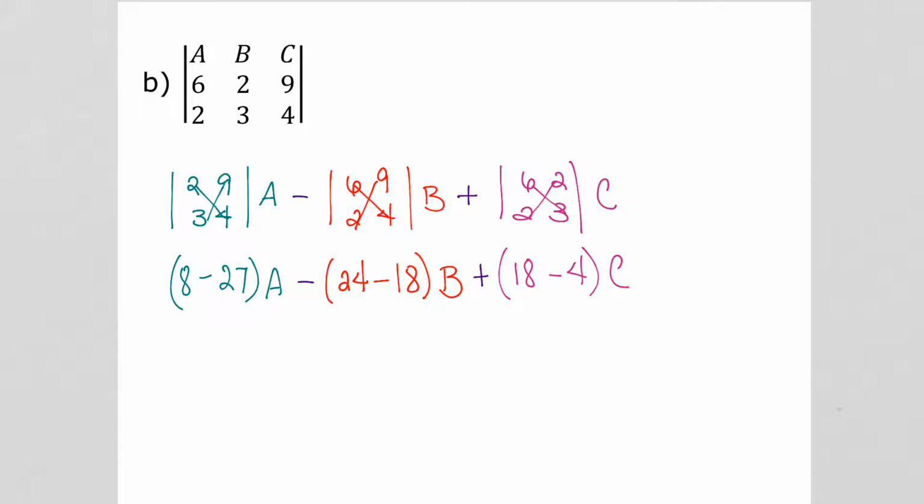So we end up with negative 19a minus 6b plus 14c.